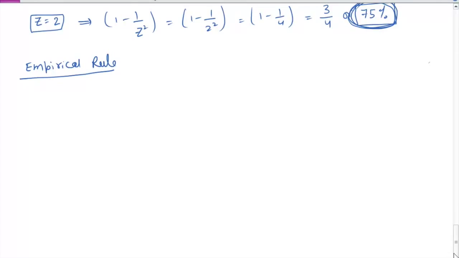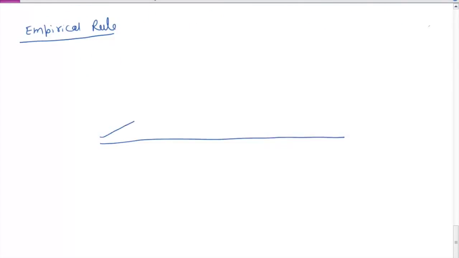So the empirical rule relates to a symmetric histogram. So you have something like this. So if your data is captured like this, where it shows a symmetrical pattern.